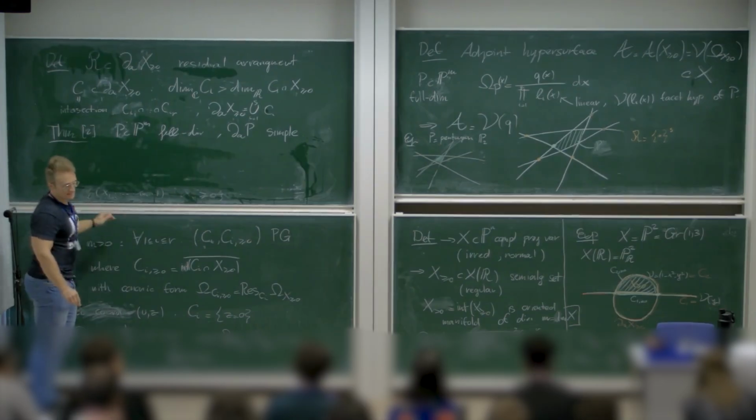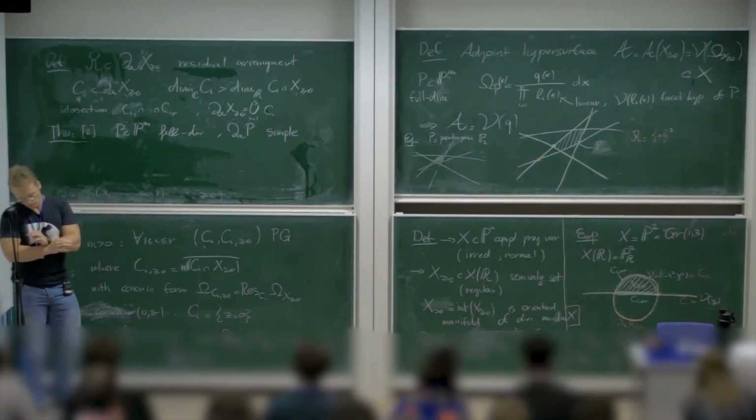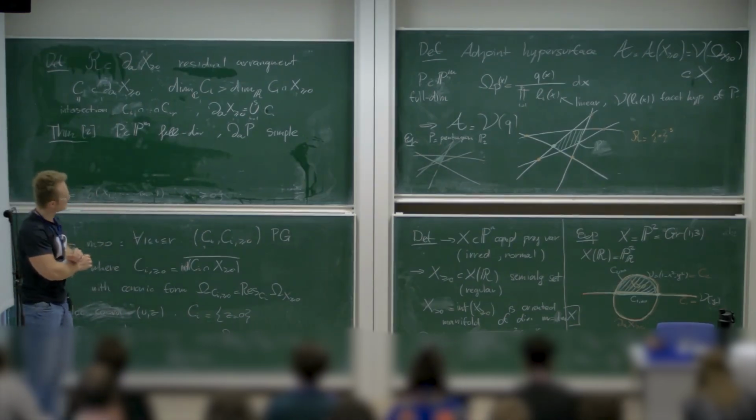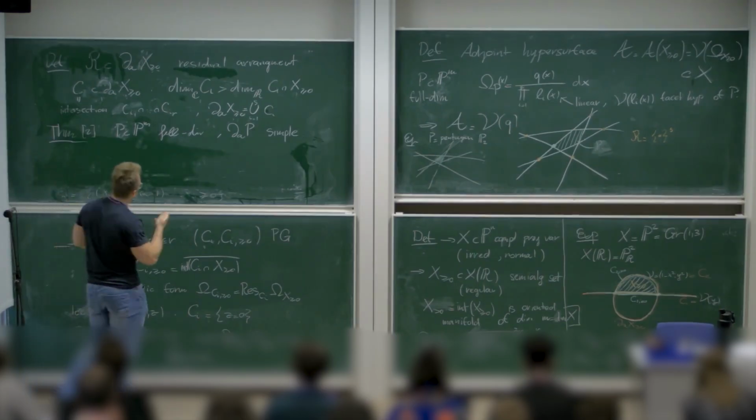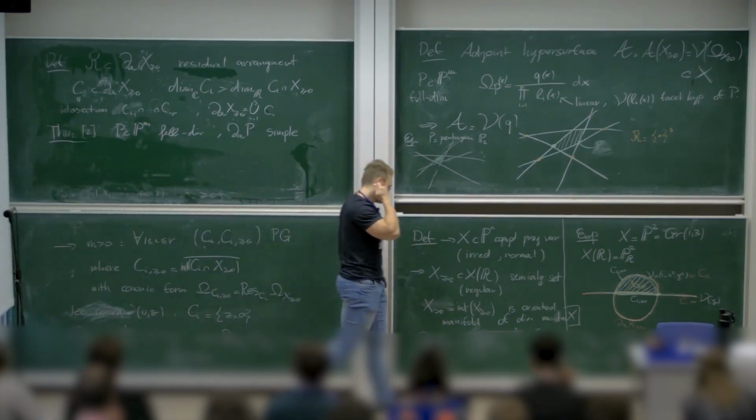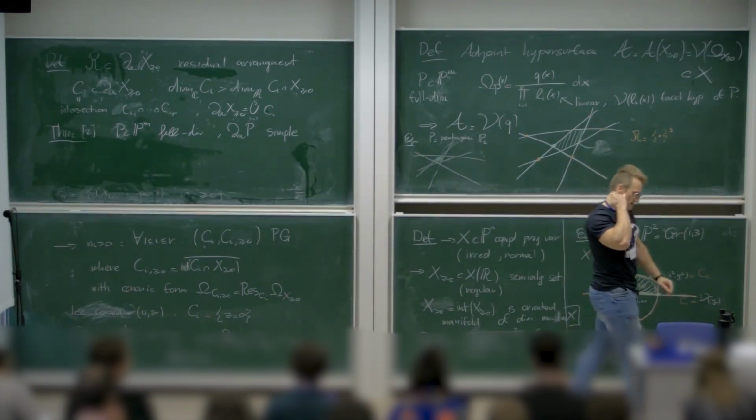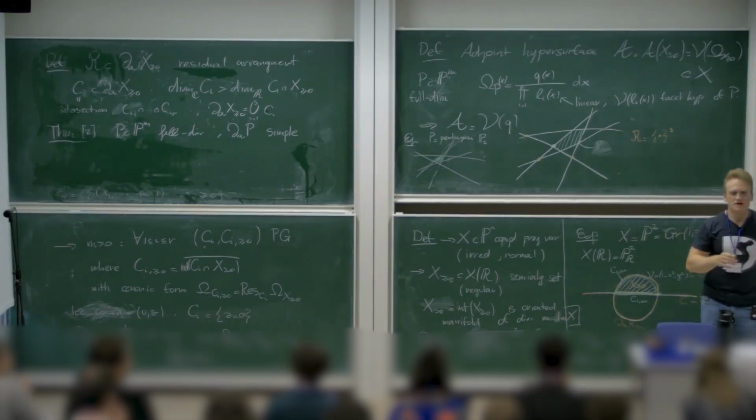Simple means that there are no m+1 hyperplanes that intersect in a point.